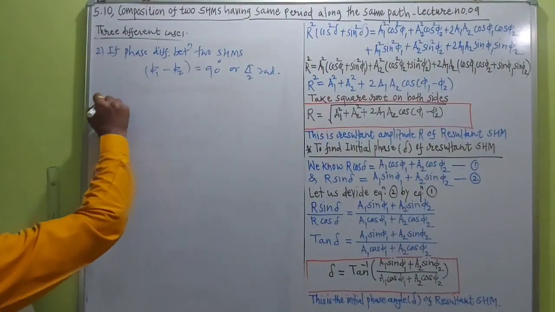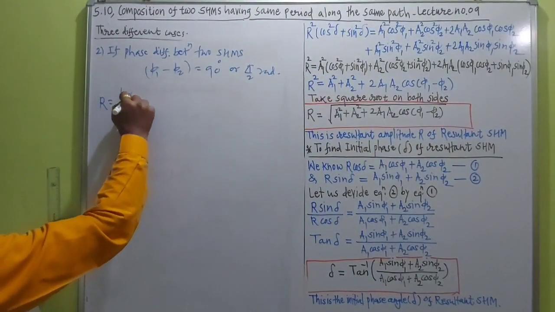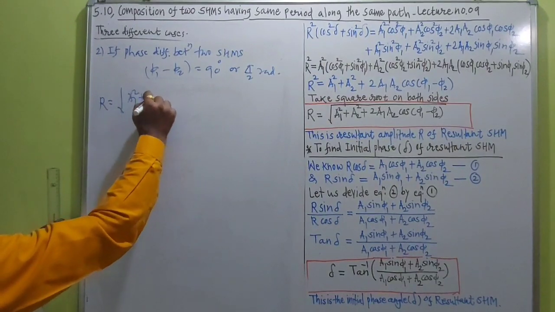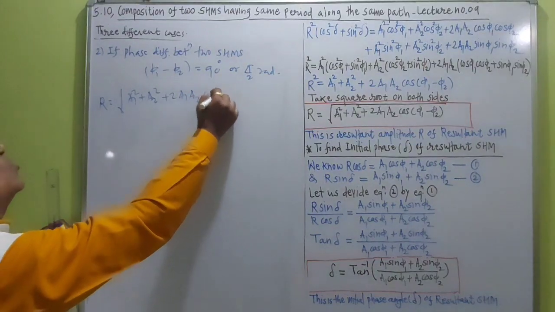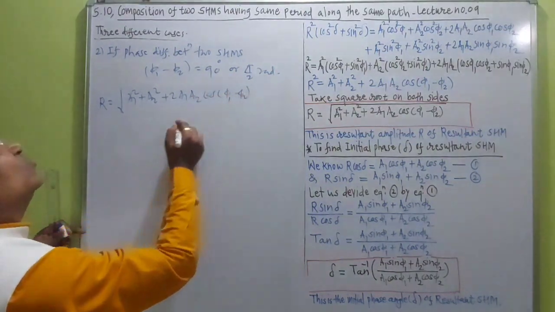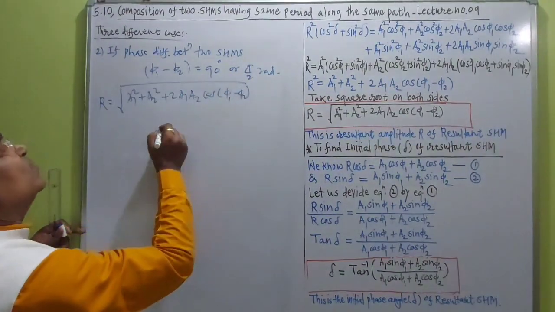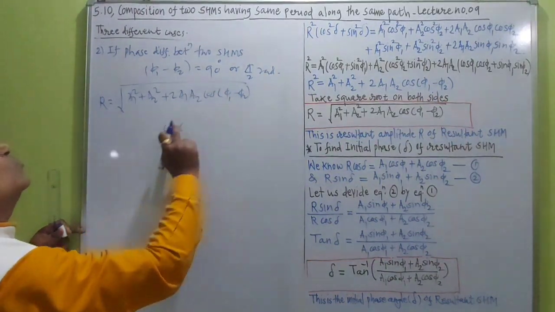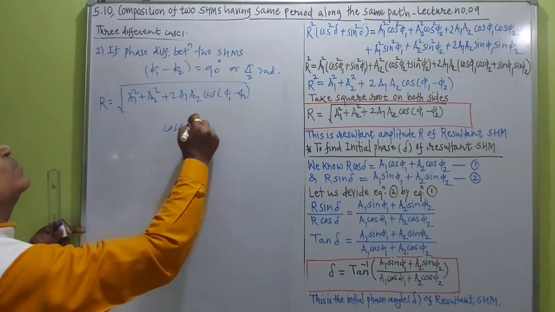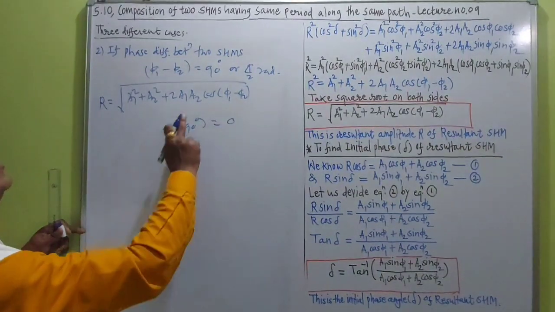So what is capital R? Capital R is equal to square root of A1 square plus A2 square plus 2A1 A2 cos of phi 1 minus phi 2. So what is phi 1 minus phi 2? Cos of 90 degree, and cos of 90 degree is equal to 0.